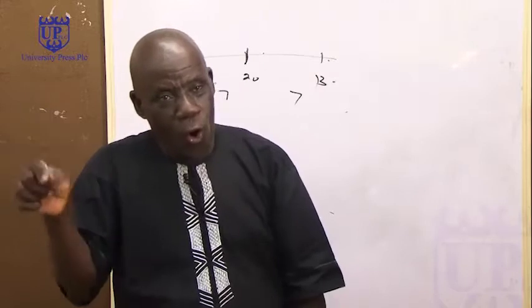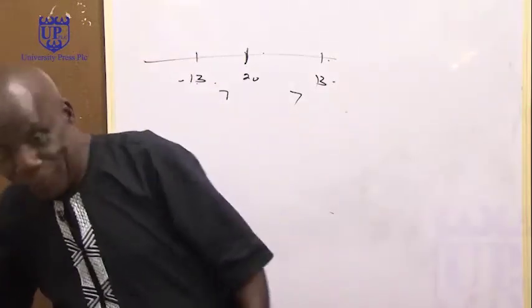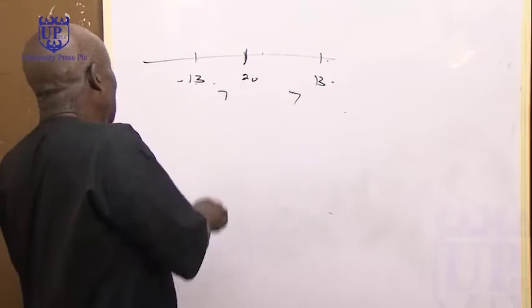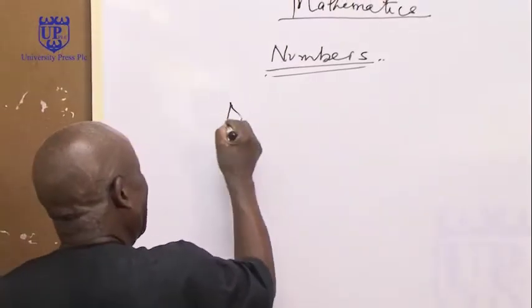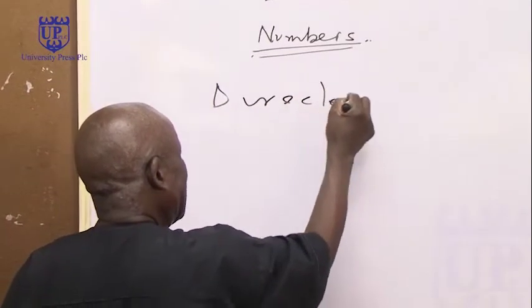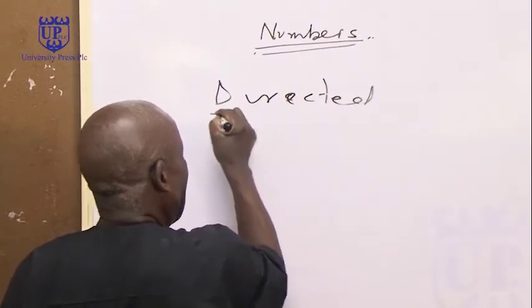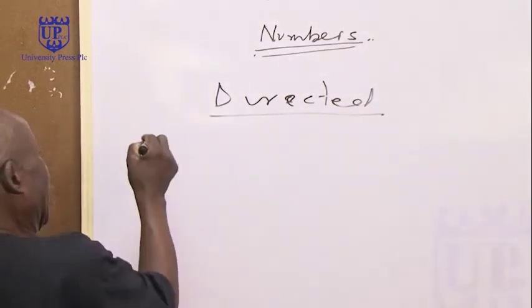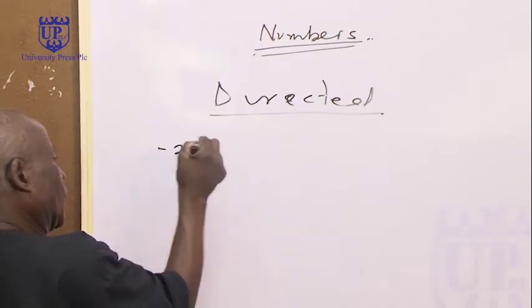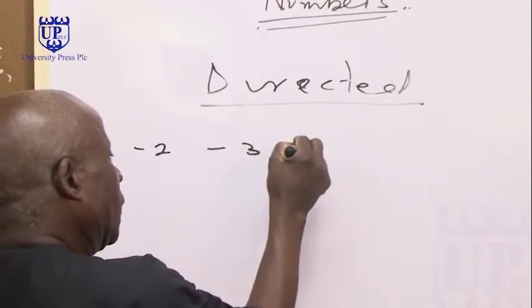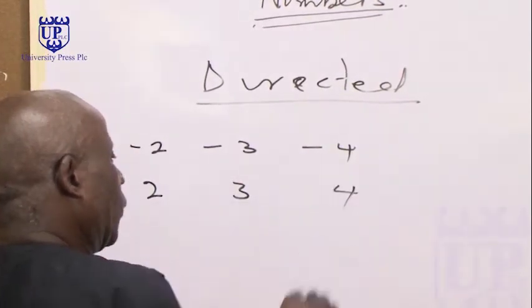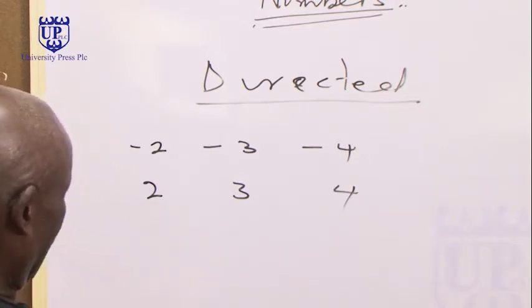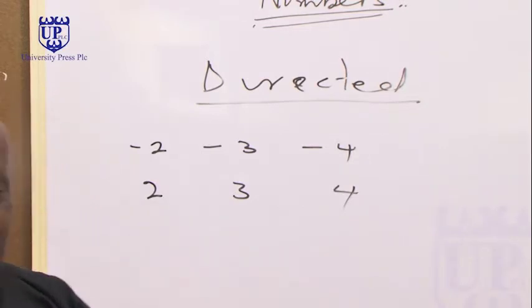Now that one will take us to what we refer to as directed numbers. Directed numbers: this is minus 2, minus 3, minus 4, 2, 3, 4, on a number line.